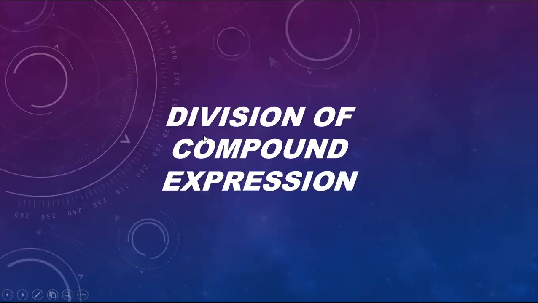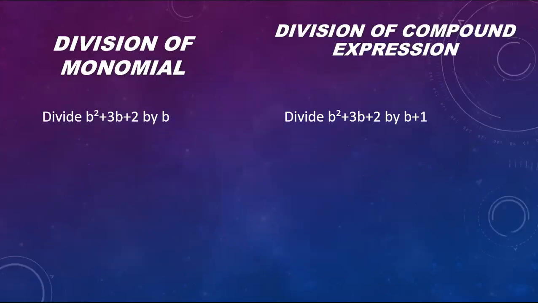Now we are going to start division of compound expression. For example, here we have already discussed division of monomials. Here you can see that the trinomial term is there, but the divisor is monomial. Now here, again you can see the dividends are same.